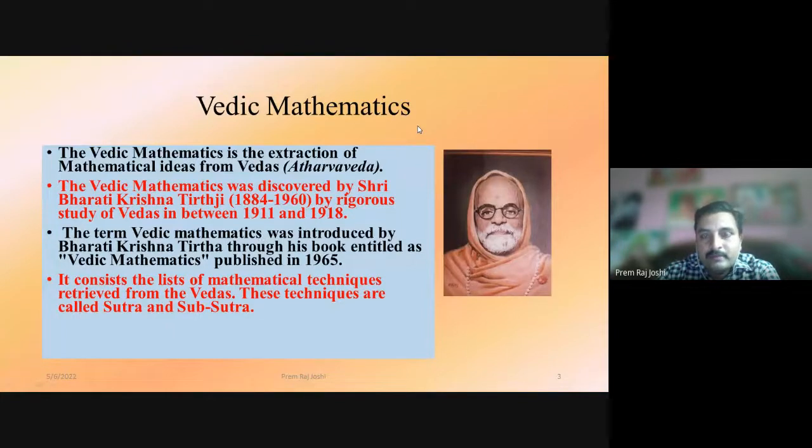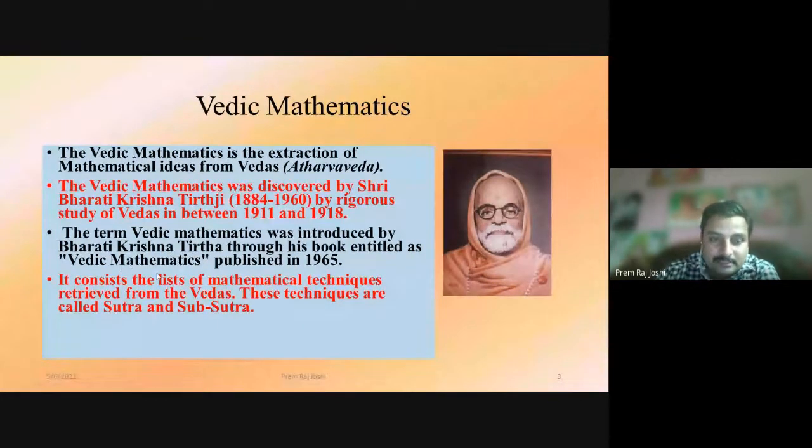Although Vedic mathematics implies the mathematics taken from the Vedas, it is famous due to this book, and if we search Vedic mathematics, it simply implies these sutras and subsutras published in the book.